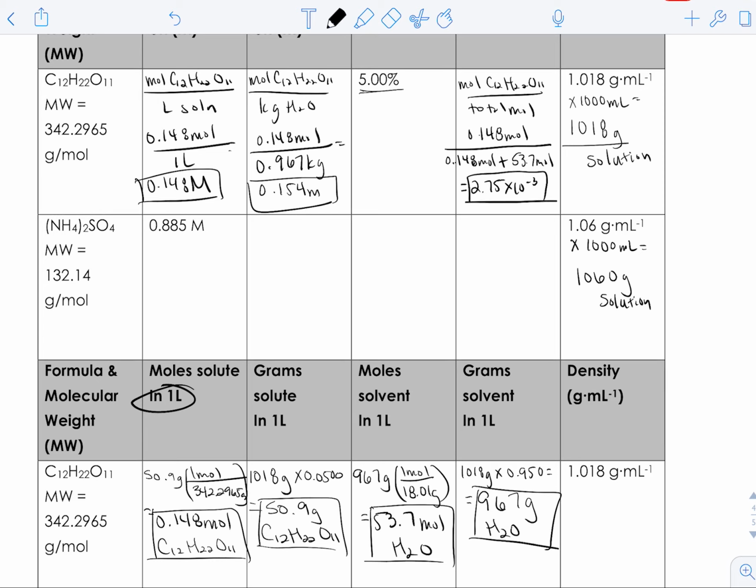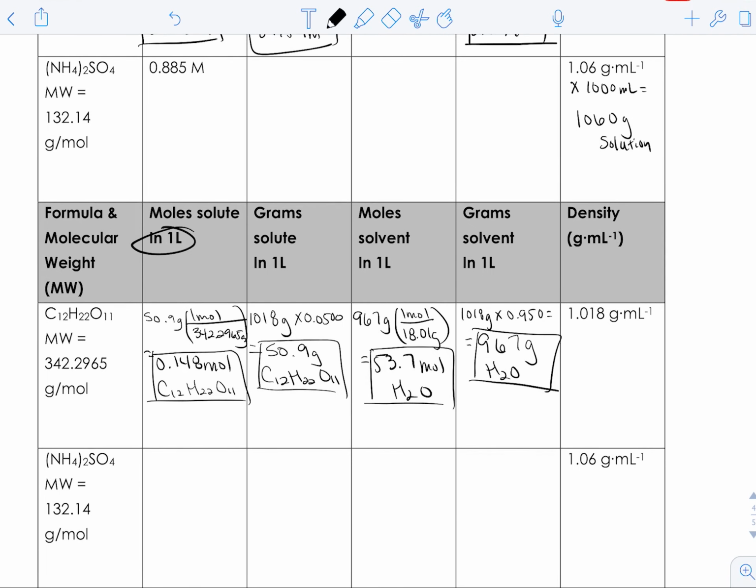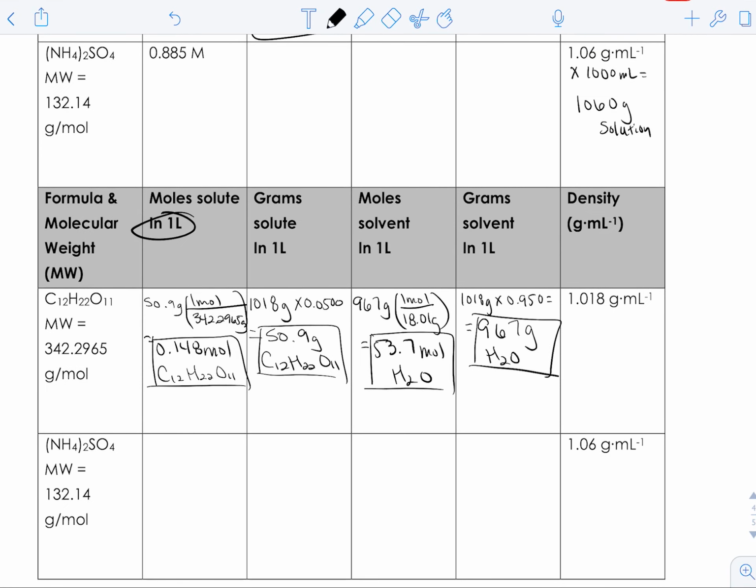Okay. Now, we're going to follow the same basic process here. Okay, for our sodium sulfate, or sorry, not sodium sulfate, ammonium sulfate. We don't have a mass percentage, so instead we're going to start with our molarity. So we have a grams of solution.